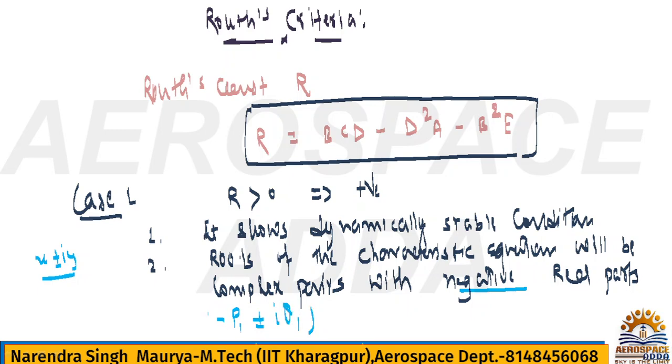This is the first root. For the second root, the real part should be negative, so it is minus P2, again plus minus iQ2. These two roots you will get, and both roots have negative real parts. That is the second point.